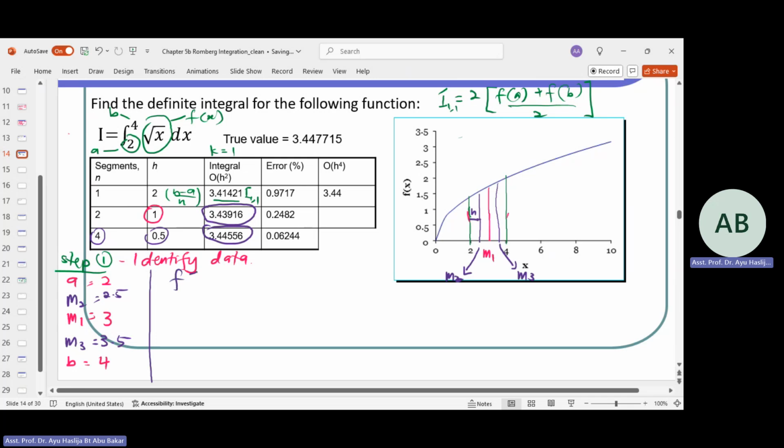Because later on, you will need to find f(a), f(M), all the f(M)s, and f(b). Why? Because for the first level, we are using the trapezoid rule. So for the trapezoid rule with N segments, this is multiple, and you need all the f(x) values.